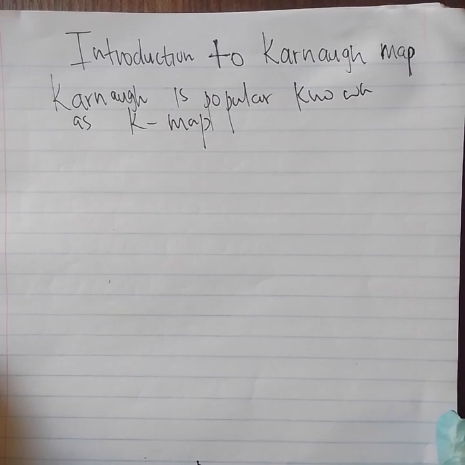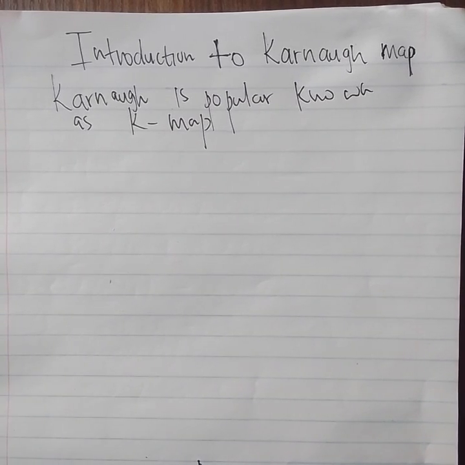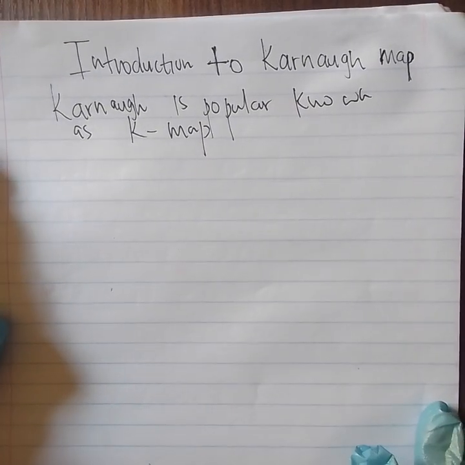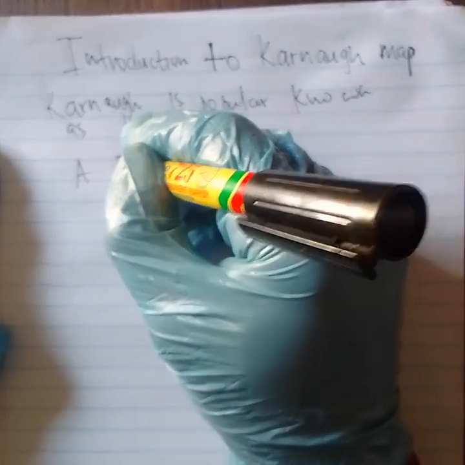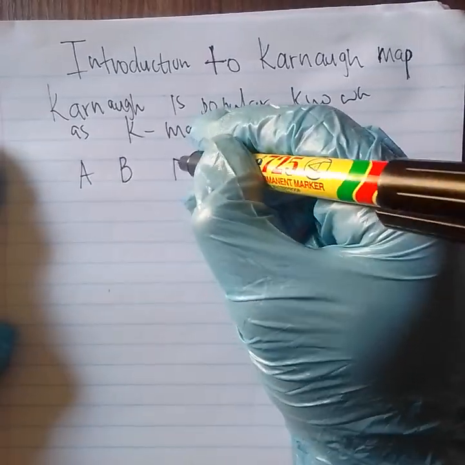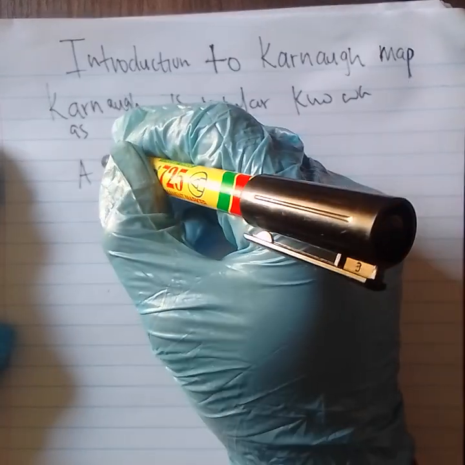Let's now look at an example of filling a truth table on a K-map. Let's imagine we're given the following truth table, where we have 2 inputs and 1 output.